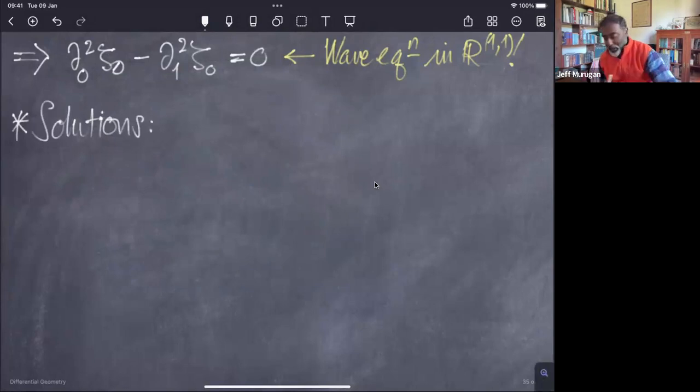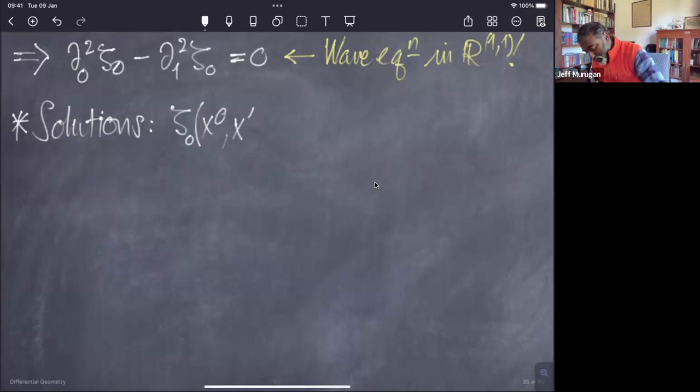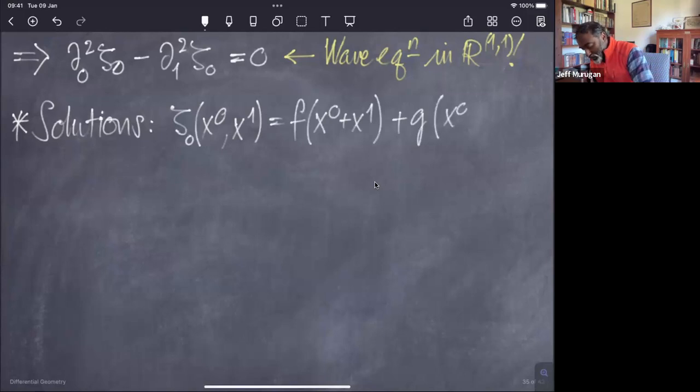And the solutions are that zeta naught of, let's say, x0 and x1. Sorry, let me be consistent. x0, which is time, and x1, is the sum of two functions, let's say f and g, they're arbitrary functions, of x0 plus x1 and x0 minus x1.